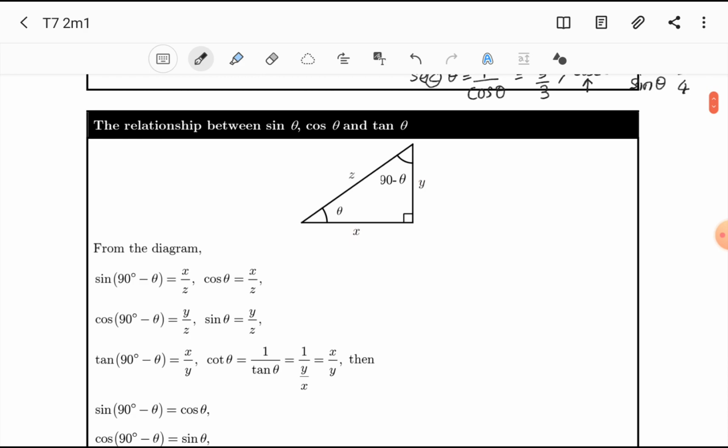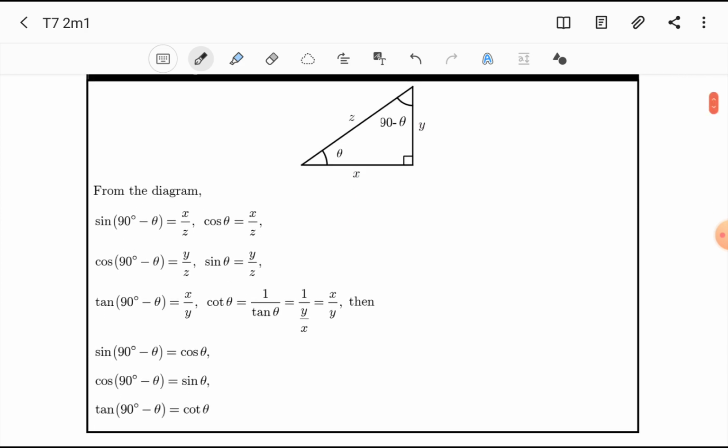Okay, next we go to the relationship between sin theta, cos theta and tangent theta. Okay, so from the diagram, this is your theta here and this is a right angle triangle 90 degrees. So the angle here will be 90 minus theta. Sebab kita tahu total angle is 180. Okay, so we refer the diagram.